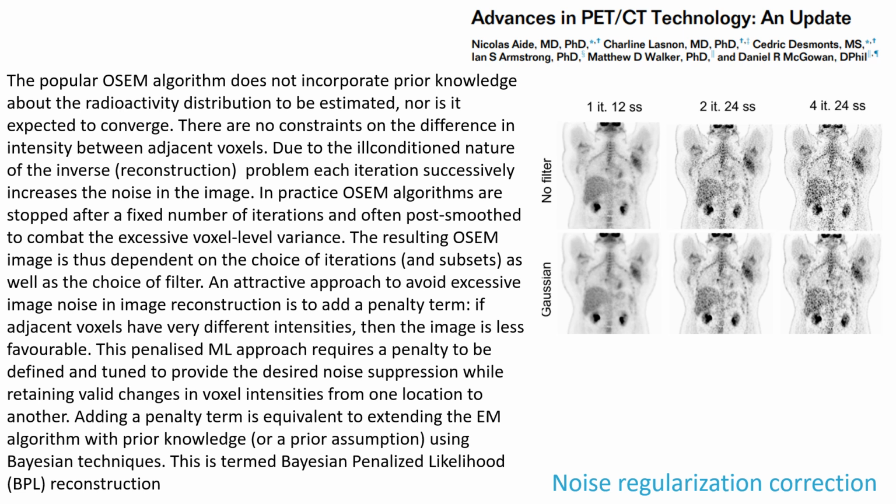This penalized ML approach requires a penalty to be defined and tuned to provide the desired noise suppression while retaining valid changes in voxel intensity from one location to another. Adding a penalty term is equivalent to extending the EM algorithm with prior knowledge using Bayesian techniques. This is the Bayesian penalized likelihood reconstruction.